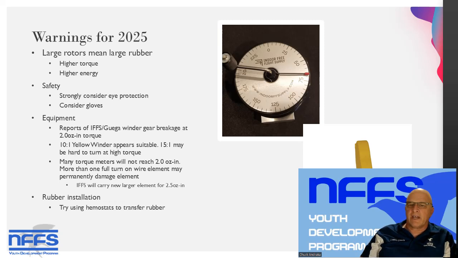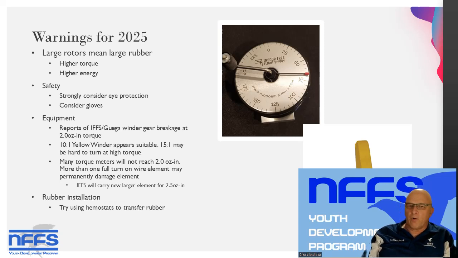I would recommend the 10-to-1, which has the white nose where the hook comes out. The ones with the blue nose are 15-to-1, and you might have a hard time turning those at the high torque as you reach the max torque on your motor. In addition to the winders, a lot of torque meters won't reach 2 ounce-inches. More than one full turn on a wire element torque meter can permanently damage the element.